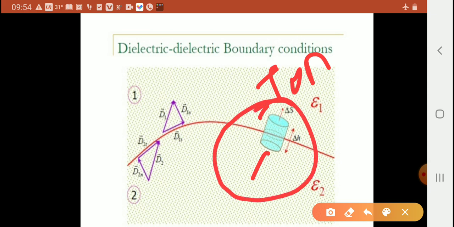According to Gauss's law, the closed surface integral of electric flux density is equal to the charge enclosed.